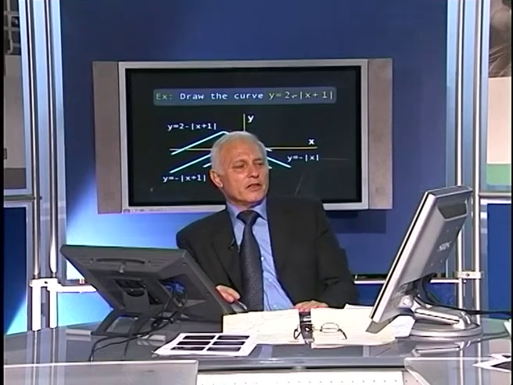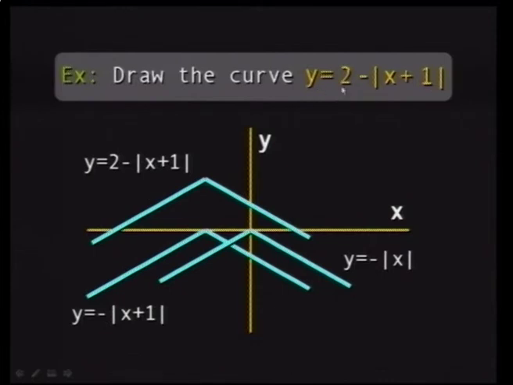For example, you want to draw the graph of y is equal to 2 minus modulus of x plus 1. This is a rule that you always have to memorize. You always start with the easiest graph. What is the easiest graph here? It is modulus x. We know modulus x very well. And it's like this, but inverted, which has x here and minus x there. You start with minus modulus x.